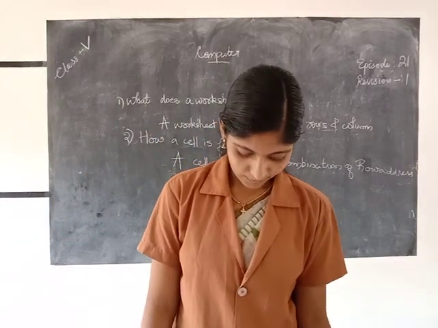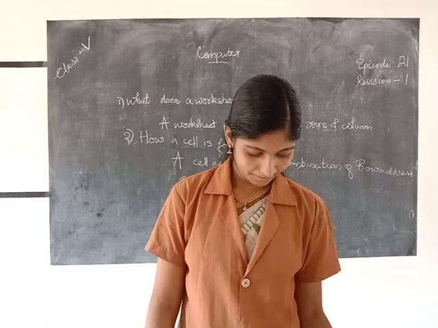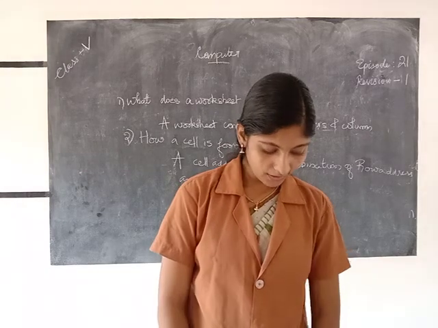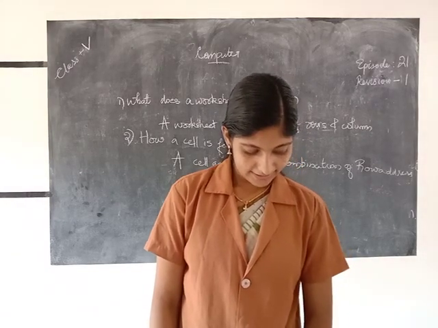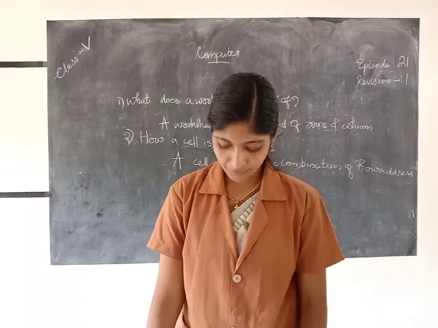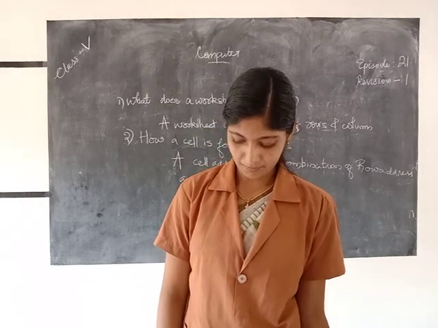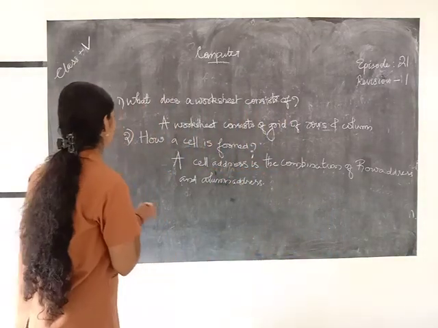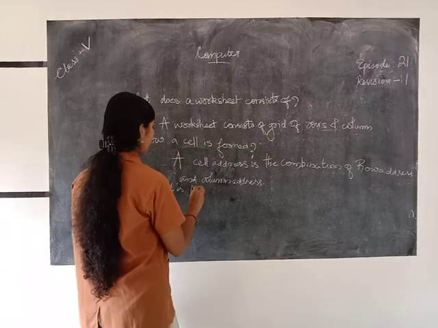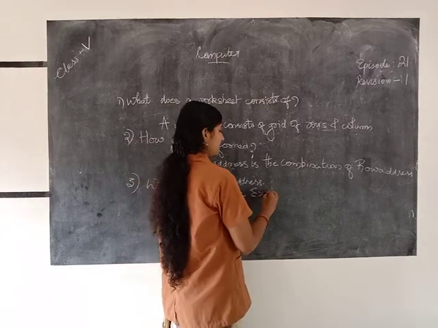Okay. Then, next one. Write about electronic spreadsheet, which we already discussed. Then next, what is Microsoft Office Excel? Microsoft Office Excel is an electronic spreadsheet that runs on a personal computer. Third question, what is MS Office Excel?